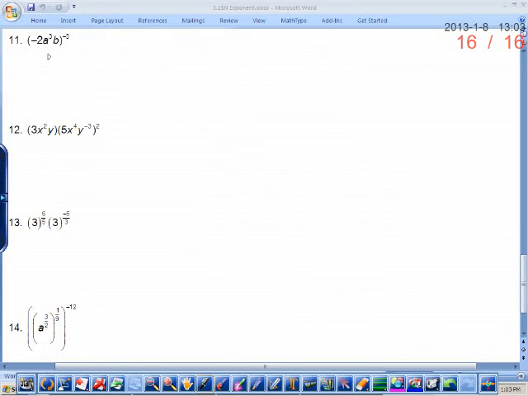So I'm going to rewrite this as 1 over -2a cubed b, all of that raised to the 3rd power. Did anything about my base change? No, just the location, right? I just moved it to the bottom. But no signs changed on anything. Okay? So this becomes 1 over, what are we going to do with this cube now?